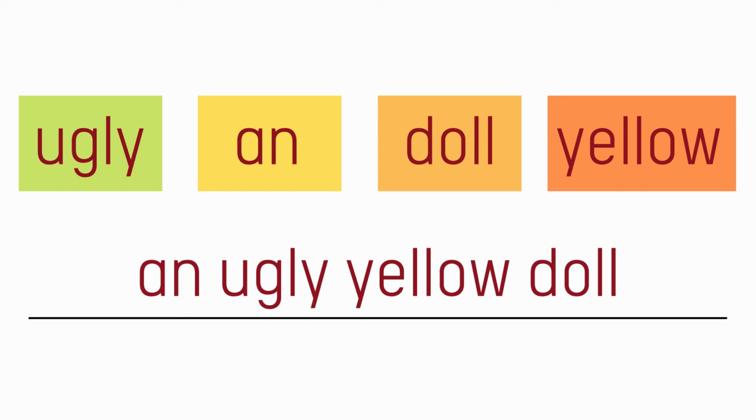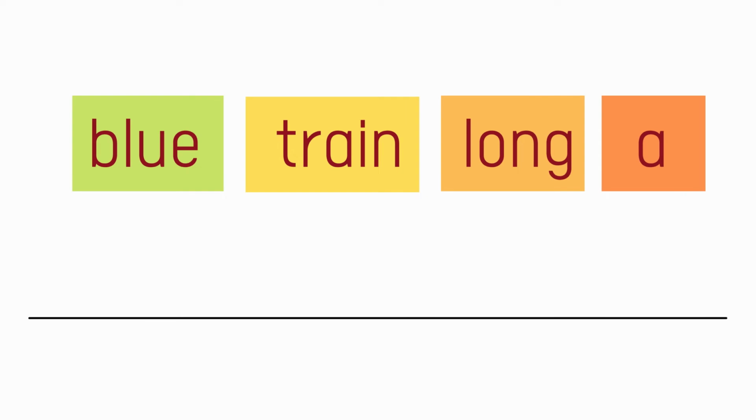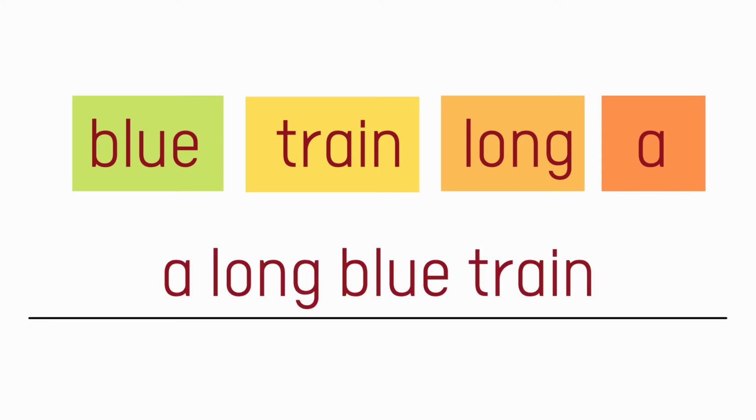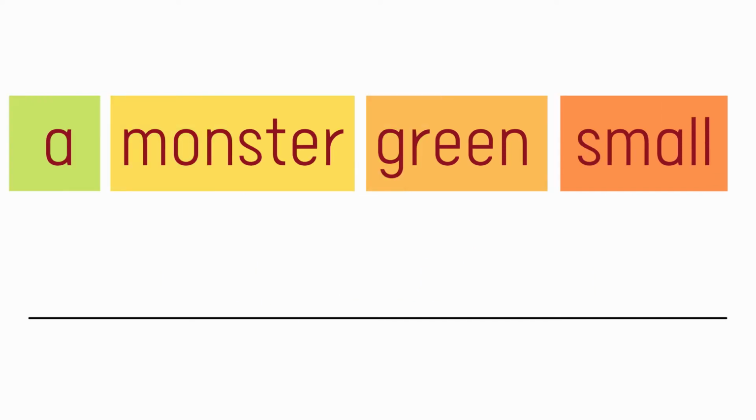An ugly yellow doll. Okay, second question. Blue train long a. What's the correct phrase? A long blue train. Good. Okay, third question. A monster, green, small.